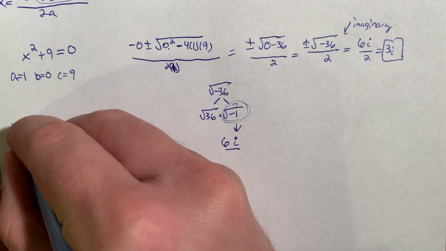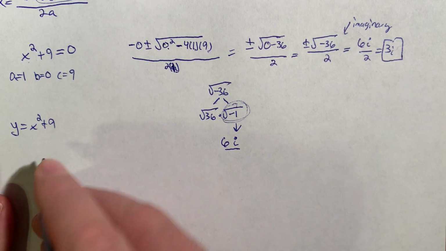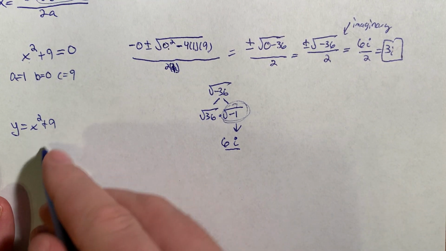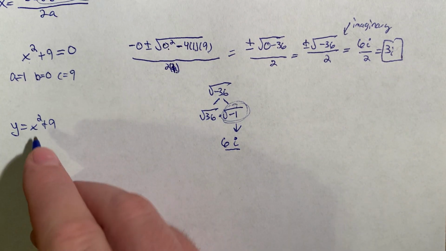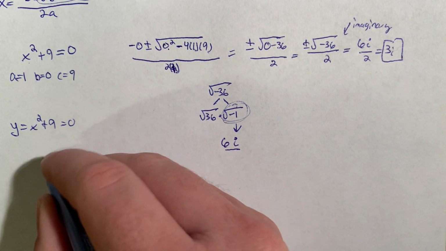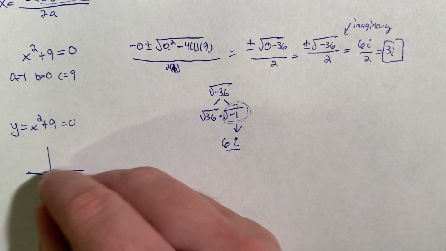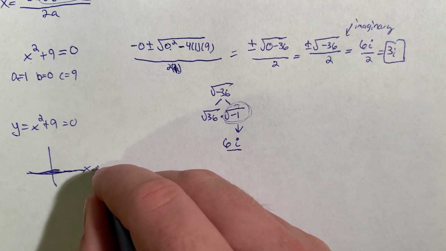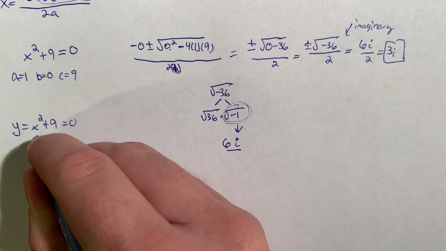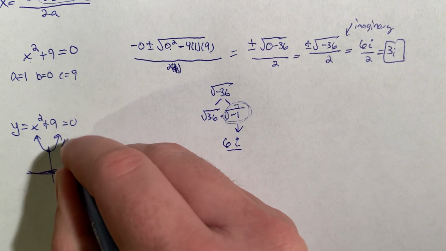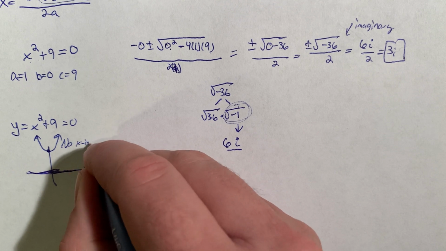Now, what if we had something like y equals x squared plus 9? Remember that we talked about how the roots of a quadratic, the solutions, the things where this is equal to 0, are the x-intercepts. So x-intercepts are the solutions. Well, if we have something like x squared plus 9, it's shifted up by 9 and there are no x-intercepts.